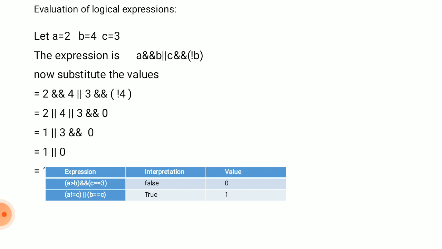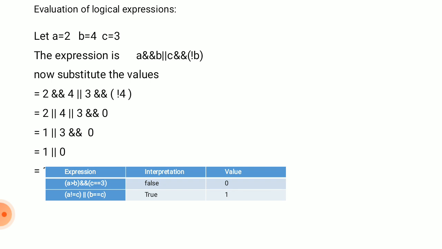Then 3 and 0 means one operand is 1 and another operand is 0. For logical multiplication, 1 and 0 is 0. Finally 1 or 0: one operand is 1 and another is 0. With the logical OR operation, 1 or 0 is 1. The value is 1.